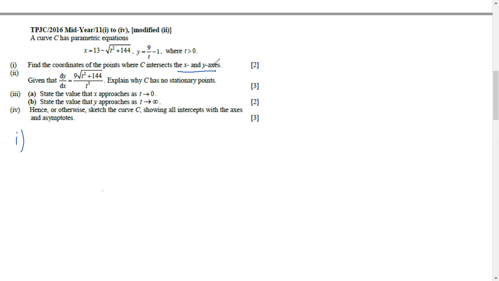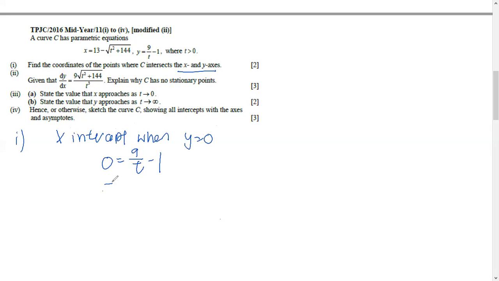Just like how we do in the Cartesian domain, to find the x-intercept, set y equals 0. We look at the y equation, which is y equals 9 over t minus 1, so we set it to 0.